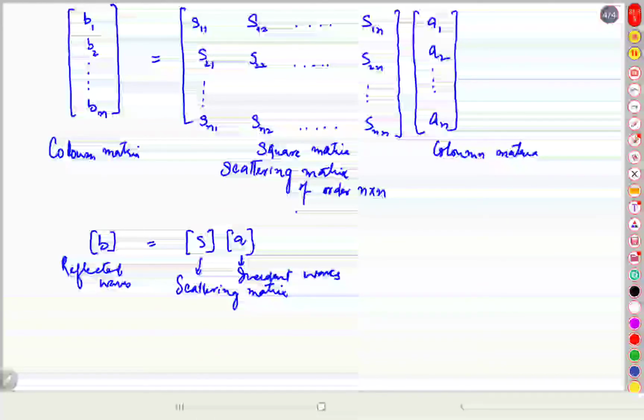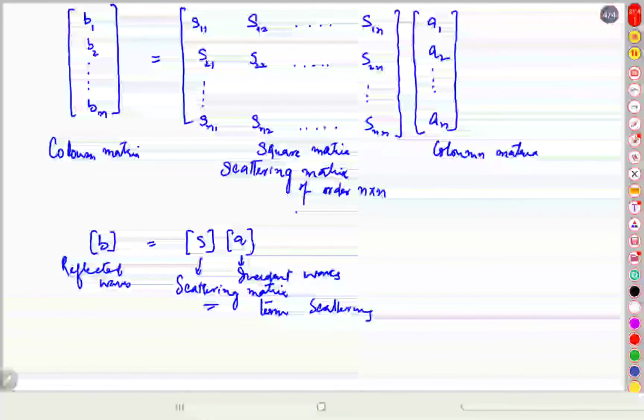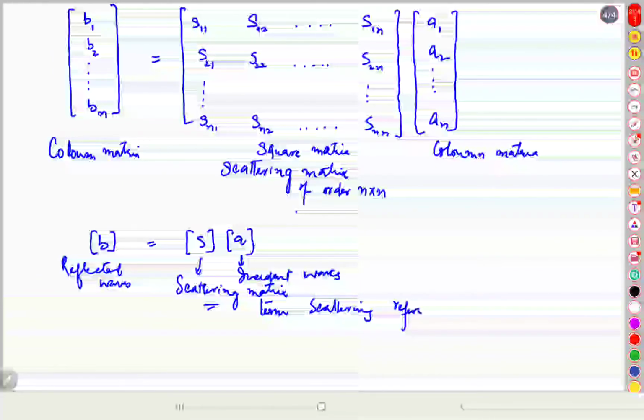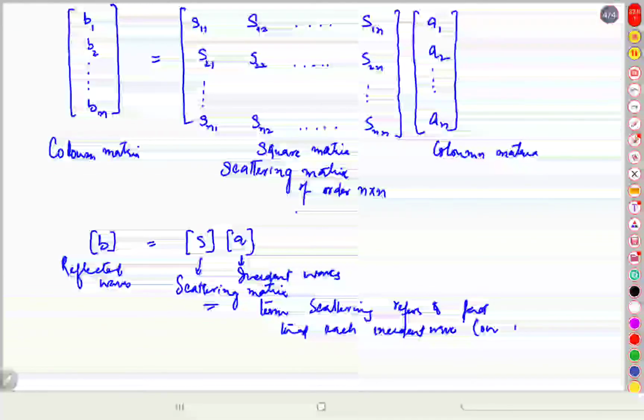The term scattering basically refers to the fact that each incident wave on a port is scattered.